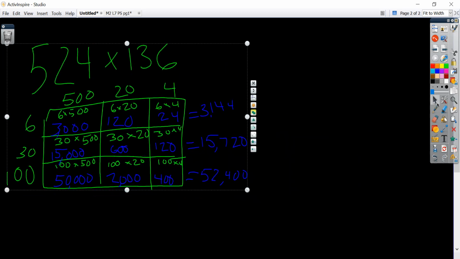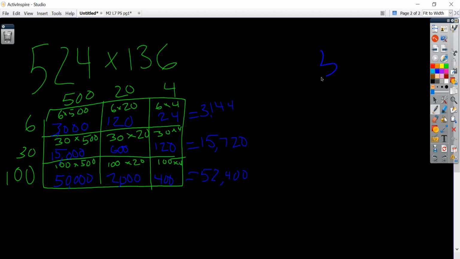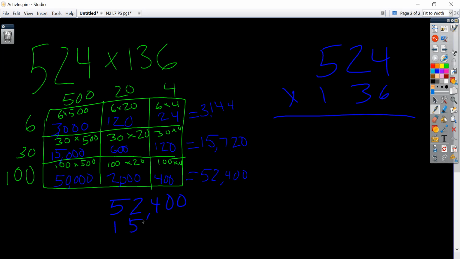And now let's go ahead and try to solve this with standard algorithm. 524 times 136. We have to stack those and add those partial products. So I'm going to go ahead and line them up.